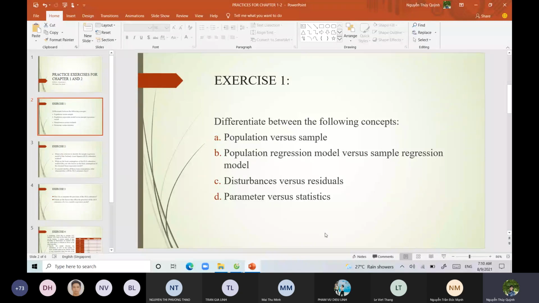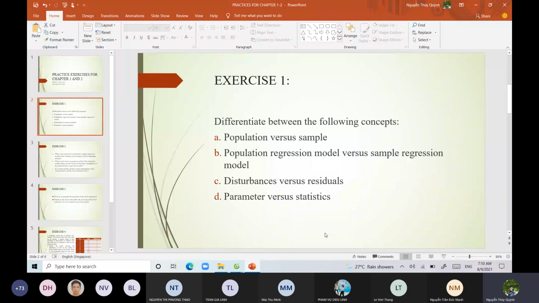Yes. Okay. While the sample regression model is also a rule that shows the dependency of the dependent variable on the independent variables, but that rule can apply for a specific sample only. All right. So that is the difference between the population regression model and sample regression model.